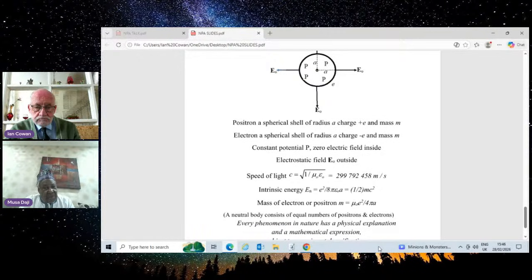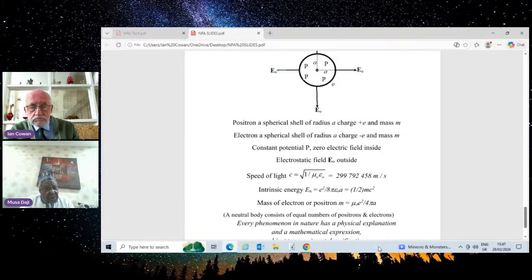Let me repeat myself here because it is the crucial part of my paper: a neutral body is composed of an equal number of positive and negative charges, electrons and positrons.